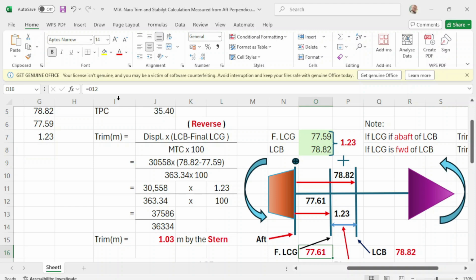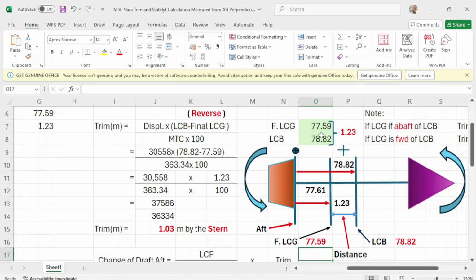Okay? 77.59, sorry. Plus 59. 77.59. Okay? So the difference between LCB minus your LCG is 1.23, which is this one. Do the multiplication, the mathematical operation.